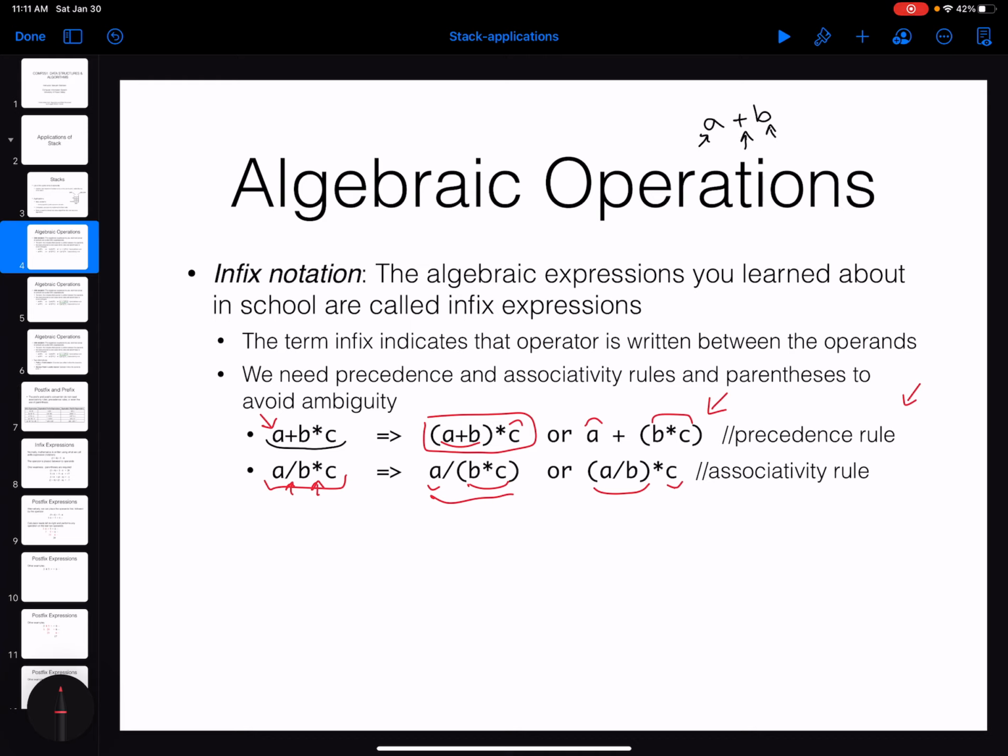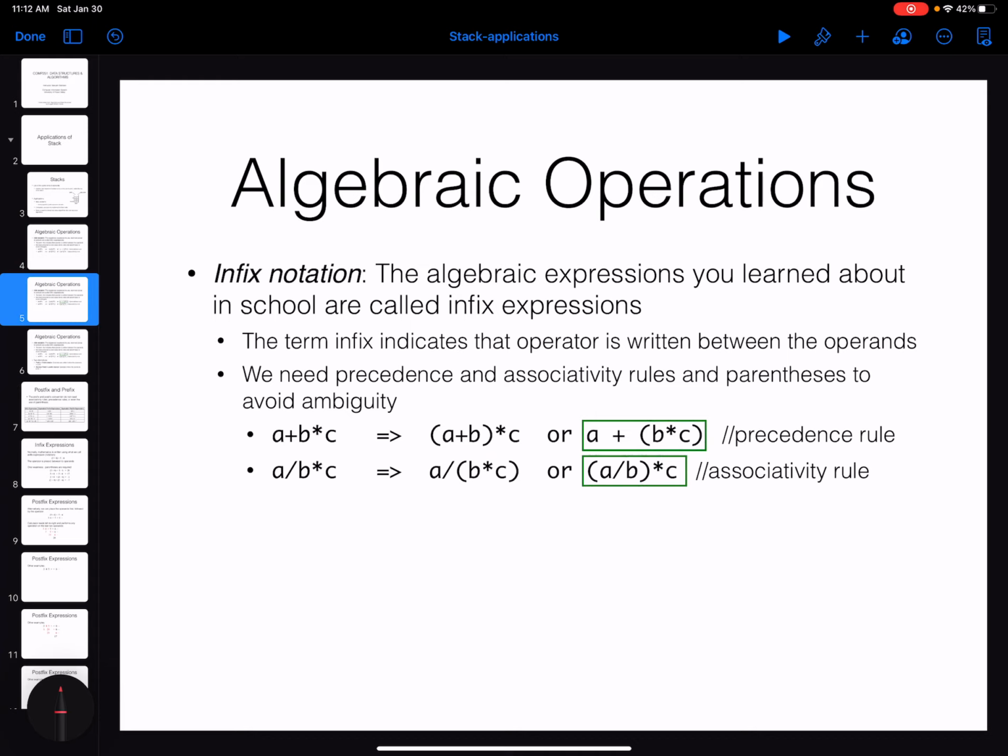These kinds of rules that we know as humans are called the associativity rule, that all the operators are left associative. So you read it from left to right and you apply them from left to right. So again, this one is the correct interpretation. You would first calculate a divided by b, and the result will be multiplied by c.